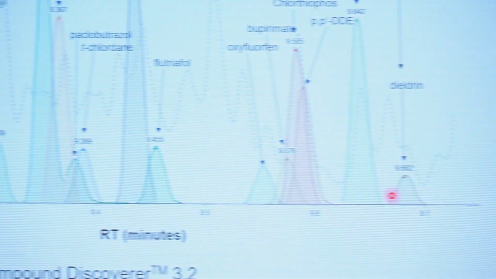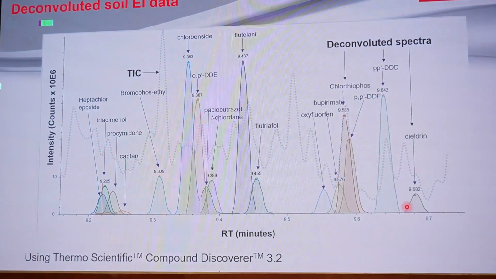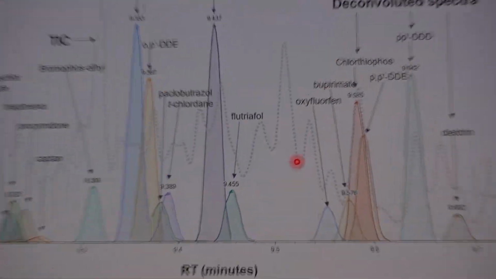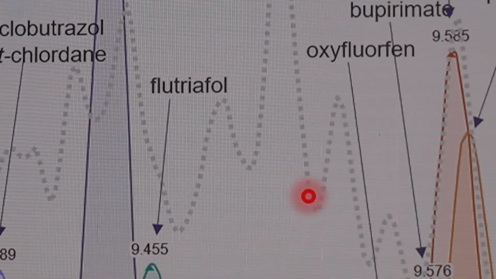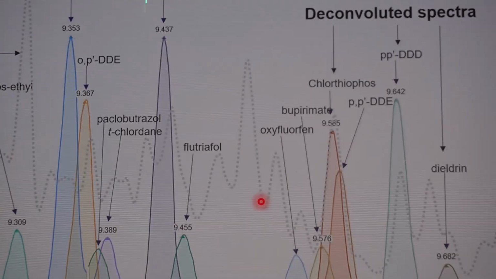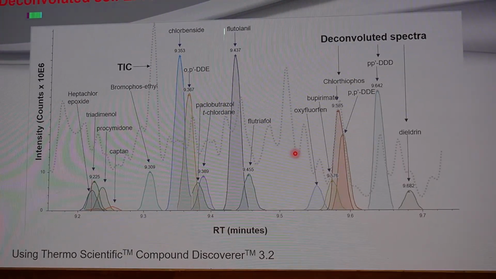Second thing, when you are looking at the full scan versus deconvolution data, in the full scan dotted line you cannot recognize which is your signal because it's everywhere, just like a zigzag type of nature, and it's very difficult to predict where my exact signal is.